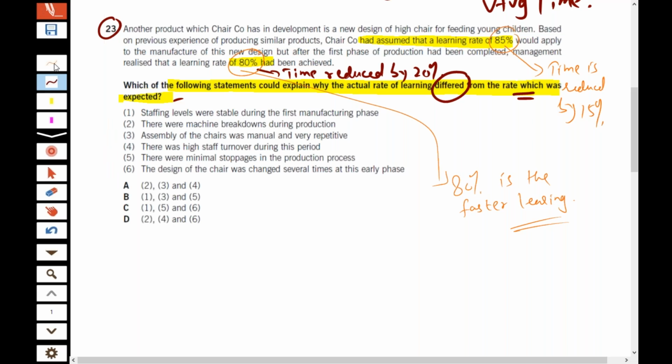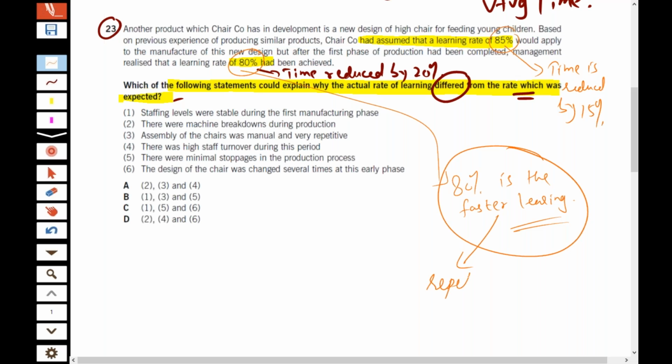Now the good MCQ trick. Number one, the learning rate was faster. Why was the learning rate faster?